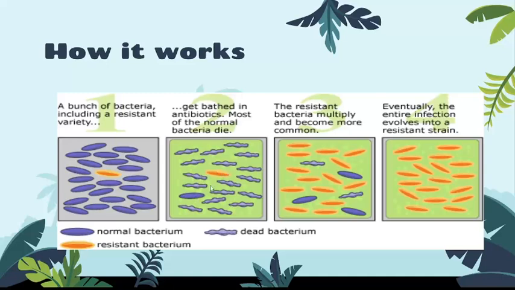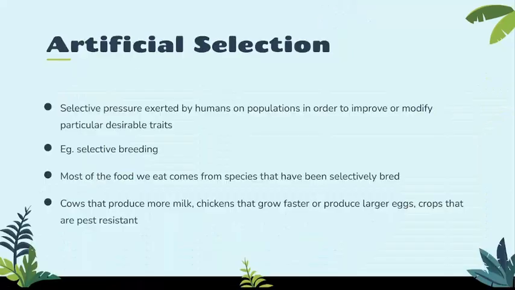Now, because it multiplies and divides itself really fast, boom, we have a bunch of resistant ones. And the antibiotic is still doing its job, obviously. It kills more of the regular ones. So all of the regular ones die, and everyone is resistant. So that's how it works. Eventually the entire infection evolves into a strain resistant to that antibiotic.